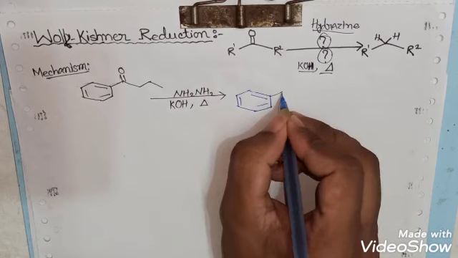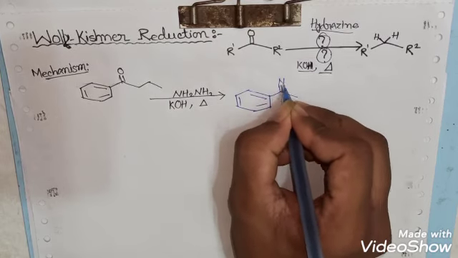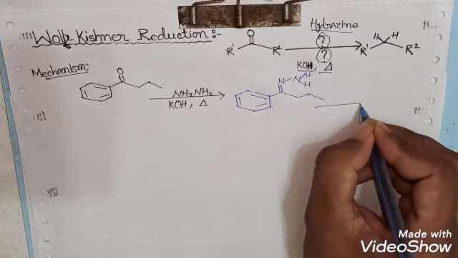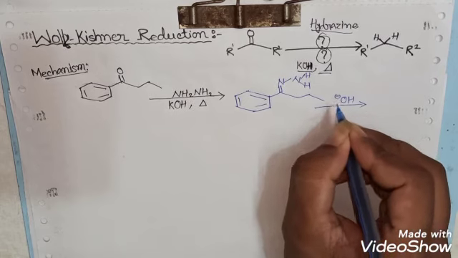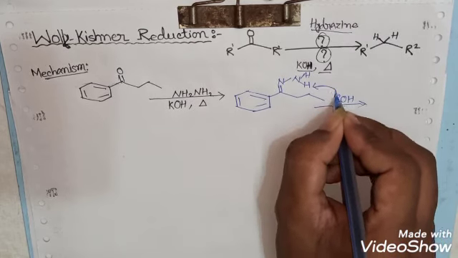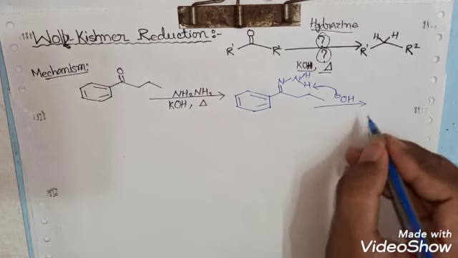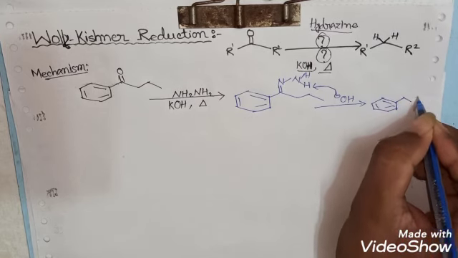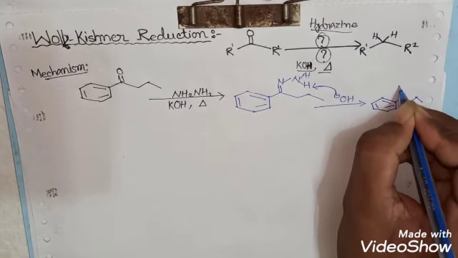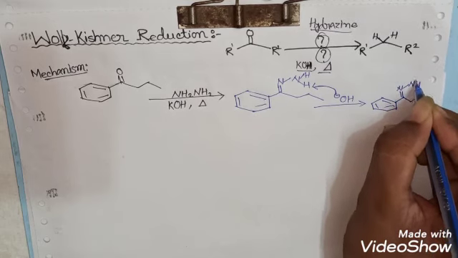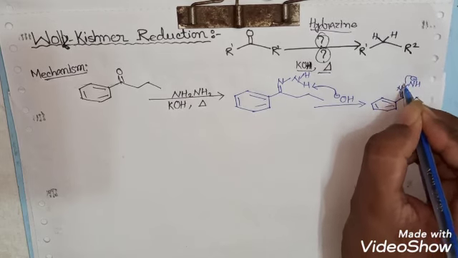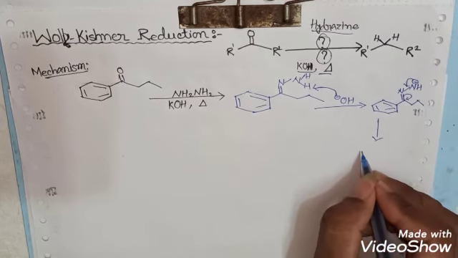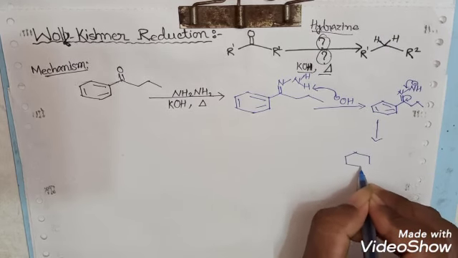The hydrazine will connect here, and our base, hydroxide anion, will deprotonate the compound and it will form like this, NH minus. This minus will push back and a negative charge will come on the carbon, like this.